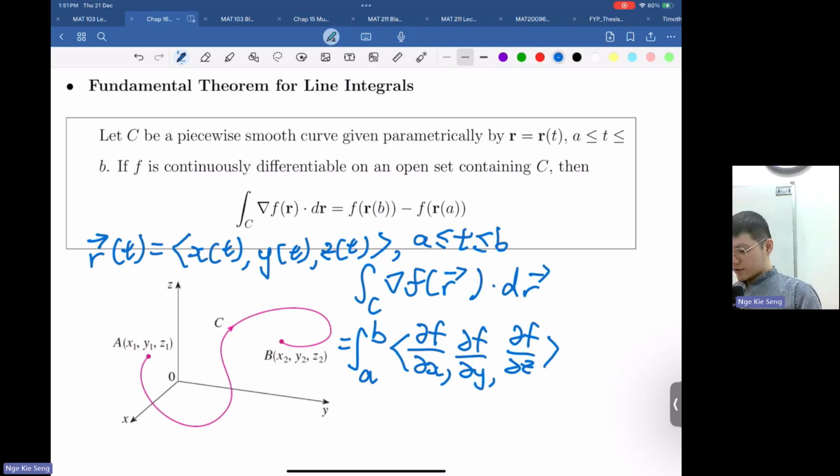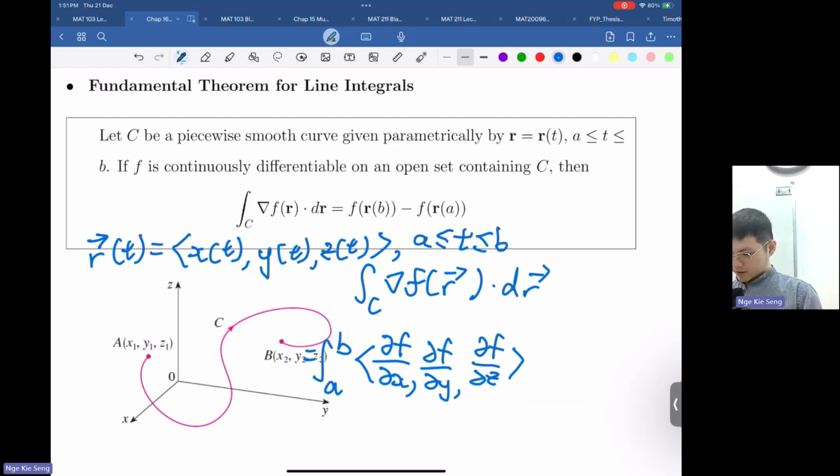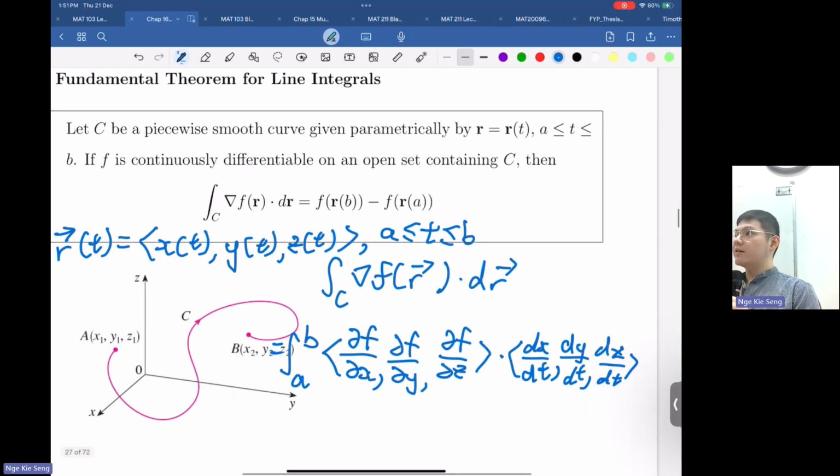Dr becomes dx over dt, dy over dt, and dz over dt. Since we change variable to t, it becomes dt instead of dx, dy, dz. All the x, y, z will depend on t now. Make sense?